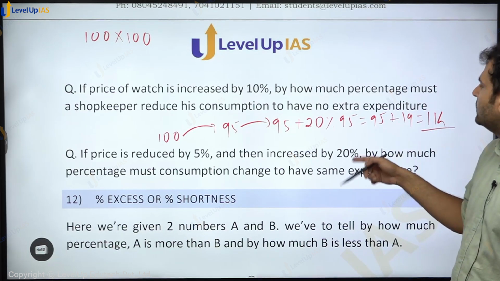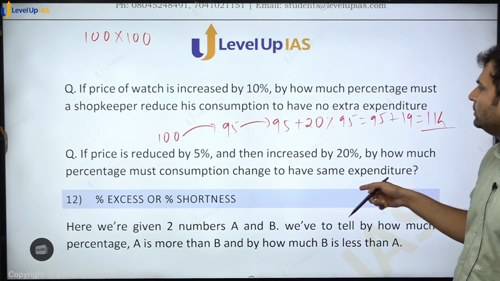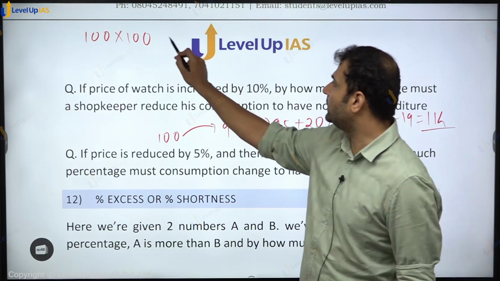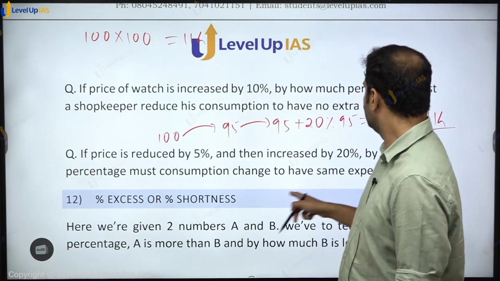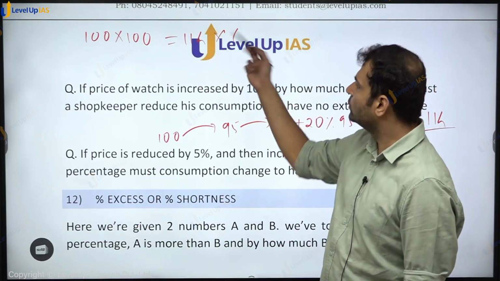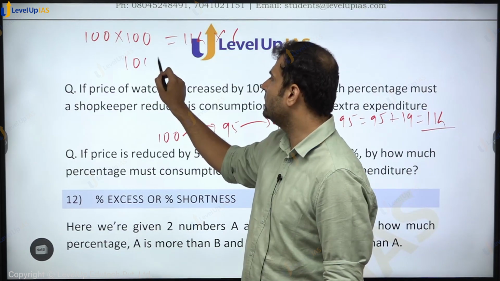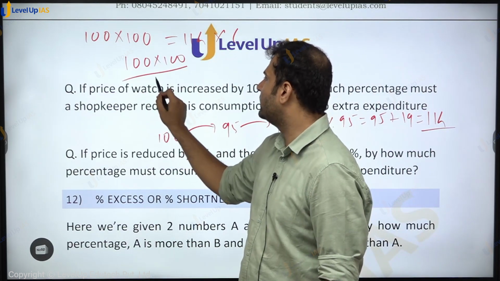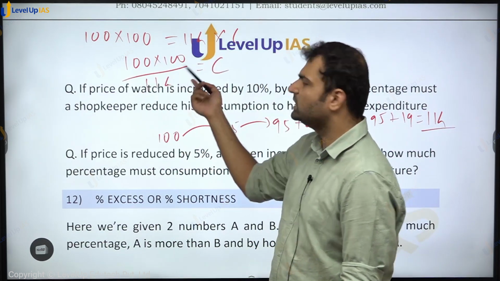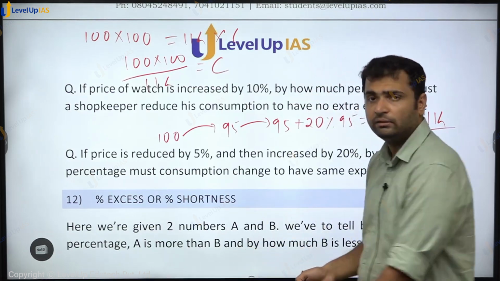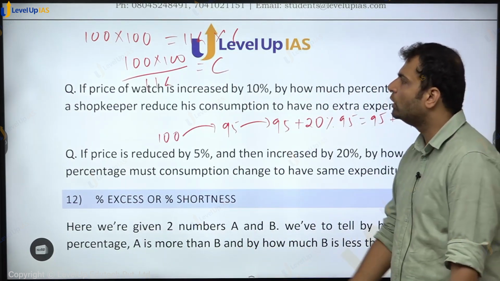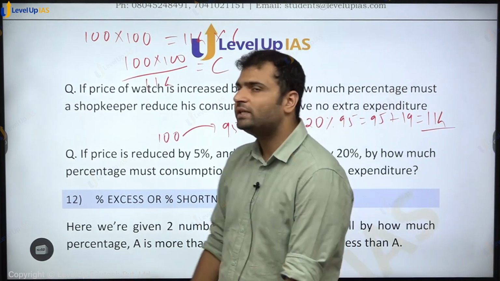114 is the new value. So net increase is 114. So new price is 114 into consumption. So we just have to find consumption. 100 into 100 divided by 114 is equal to consumption. ये जो भी value आएगी, that 100 minus this value would be the net change in percentage.